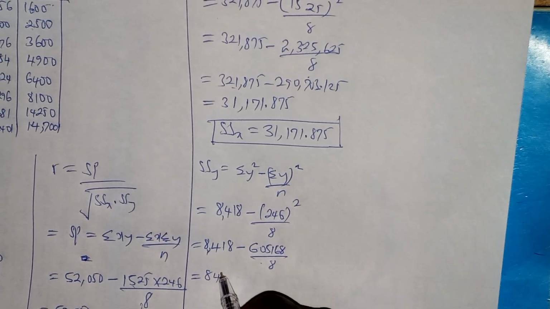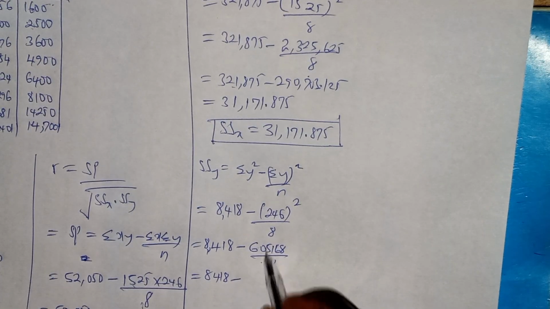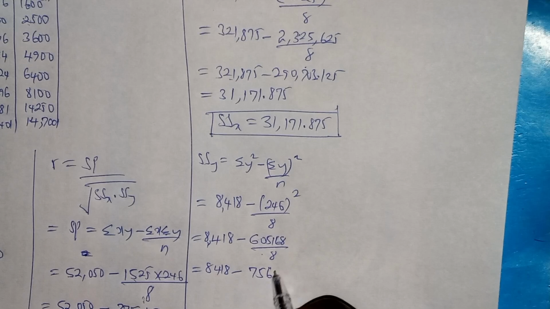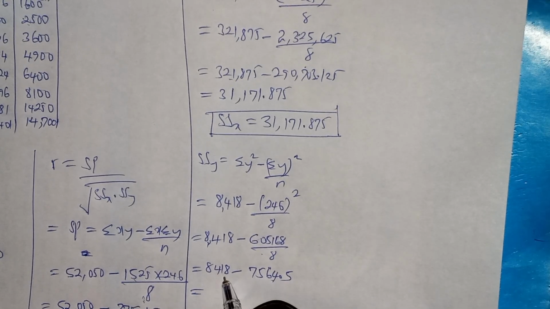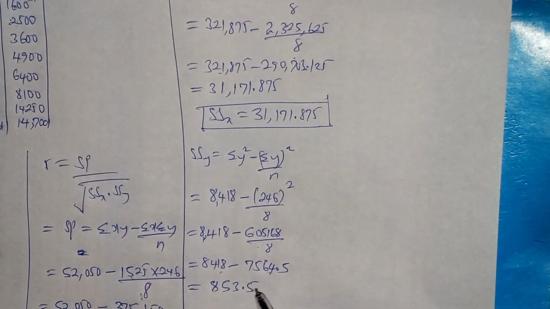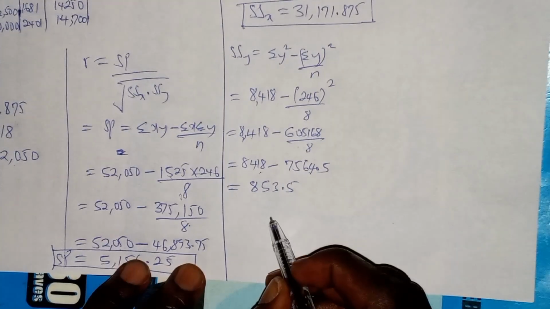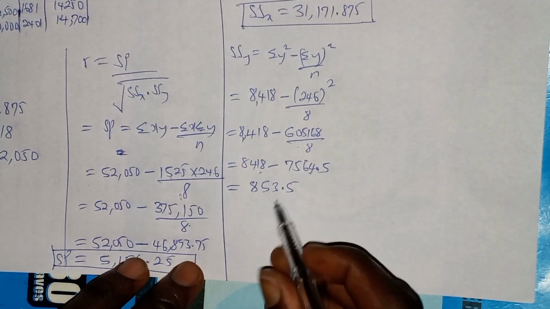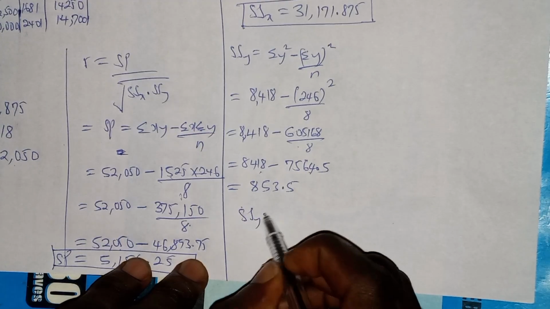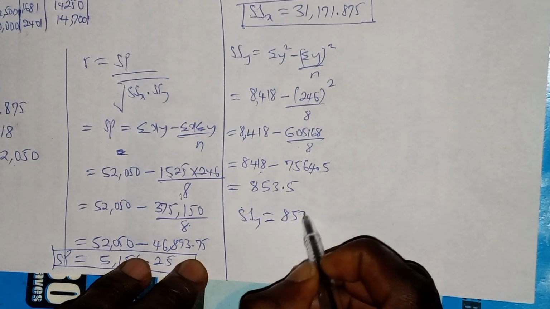So 8418 minus this divided by this, you get 7564.5. So subtracting this from this, the answer is 853.5, right? 853.5. So this is our SSY, 853.5.